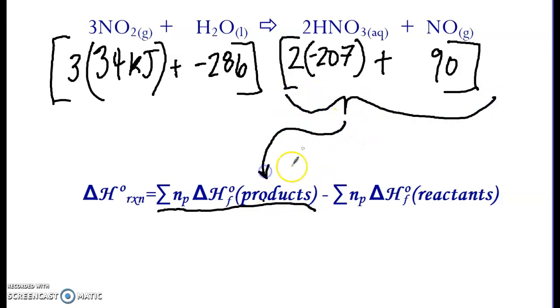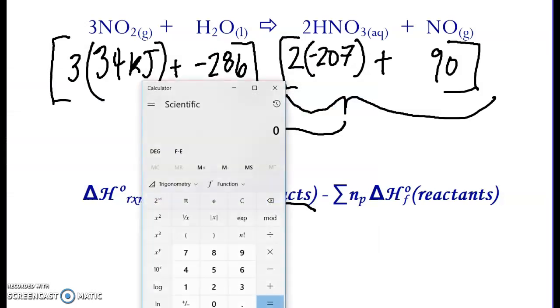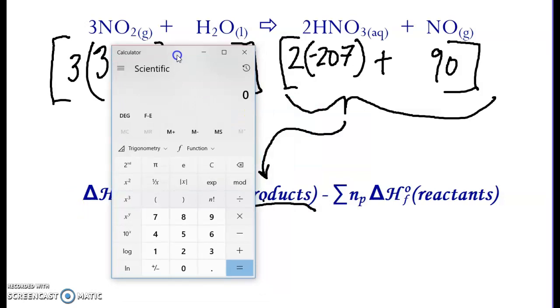If I pull out my trusty calculator and put this in here, we have 2 times negative 207, which should be negative 414, plus 90.